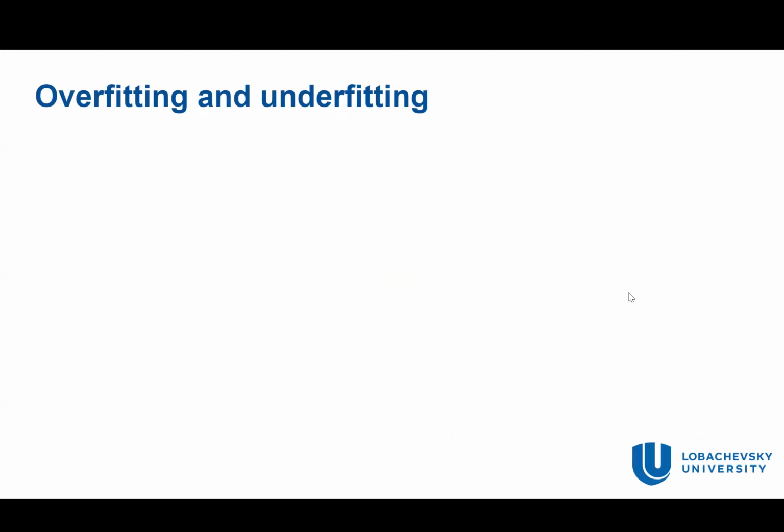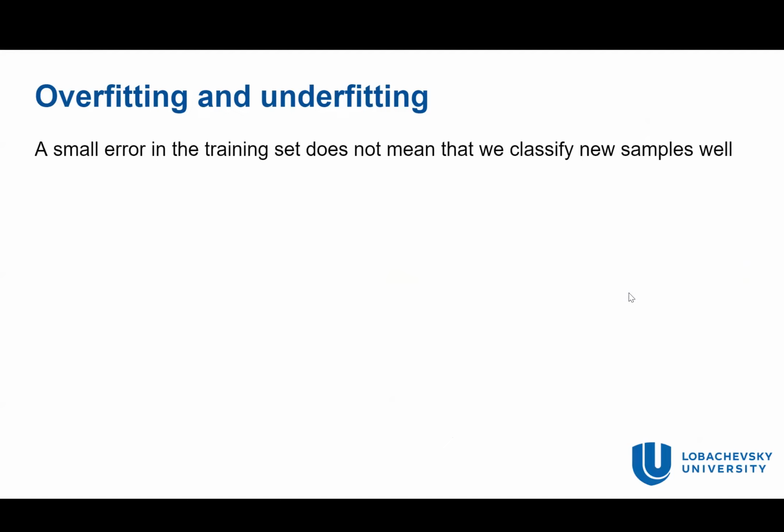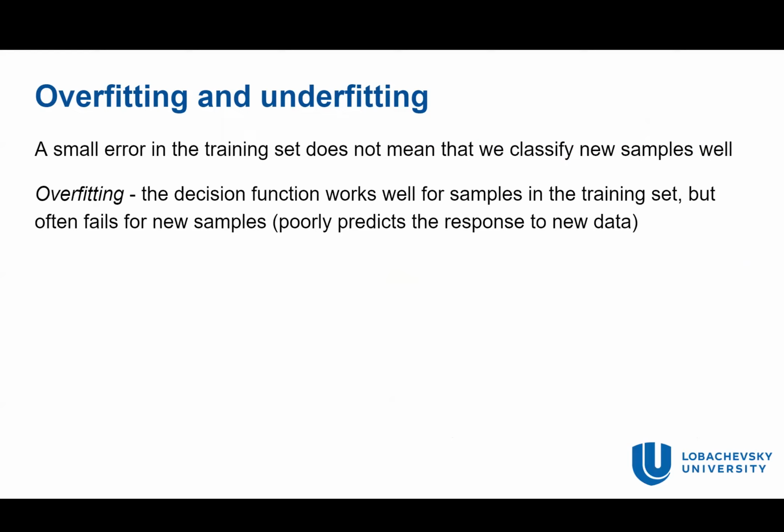Okay, and what does it mean? It means that a small error, what's the conclusion? A small error in the training set doesn't mean that we classify new samples well. And overfitting is a phenomenon when the decision function works well for samples in the training set, but often fails for new samples.